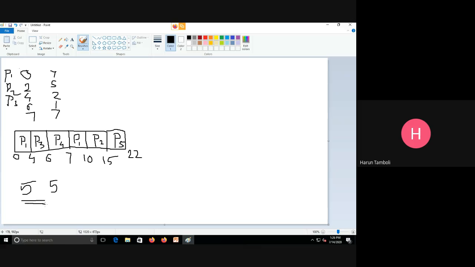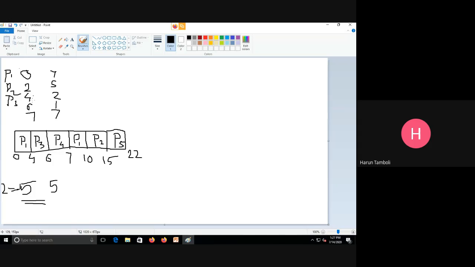So both require the same time. If there is a tie in the burst time, the current process which is executing at the processor will continue. So since P1 is executing, P1 will continue its run. Okay, now this happened after 2 seconds.